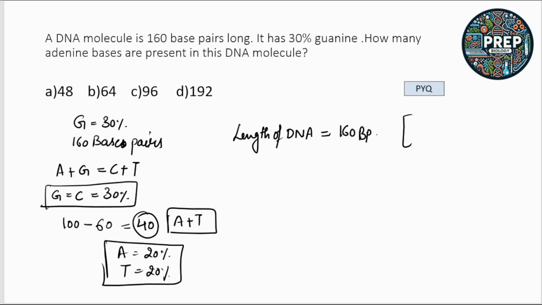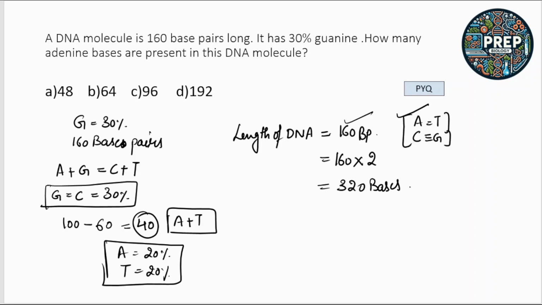One base pair means two bases, adenine and thymine, or cytosine and guanine. Okay, so 160 base pairs means 160 into 2. Why? Because in one base pair, how many bases are present? 2. So we have 320 bases present.